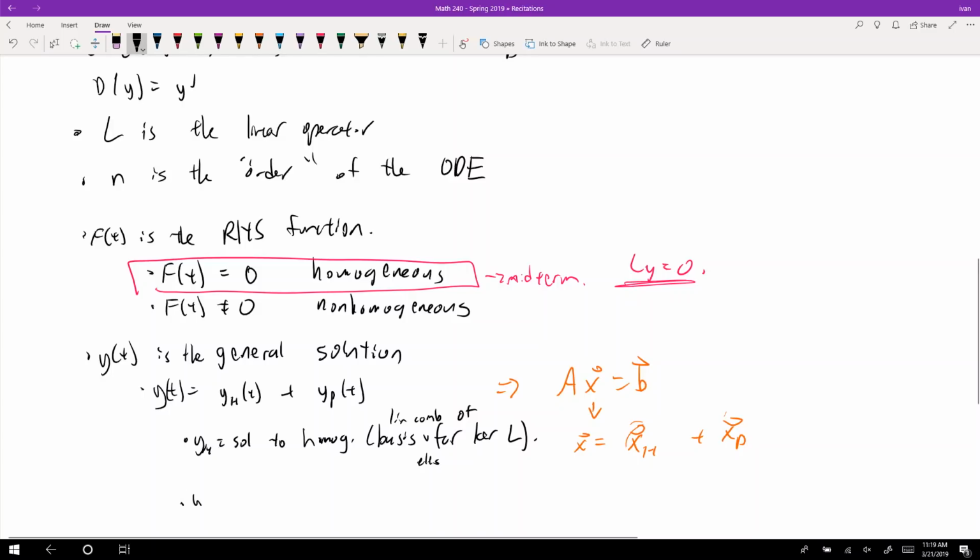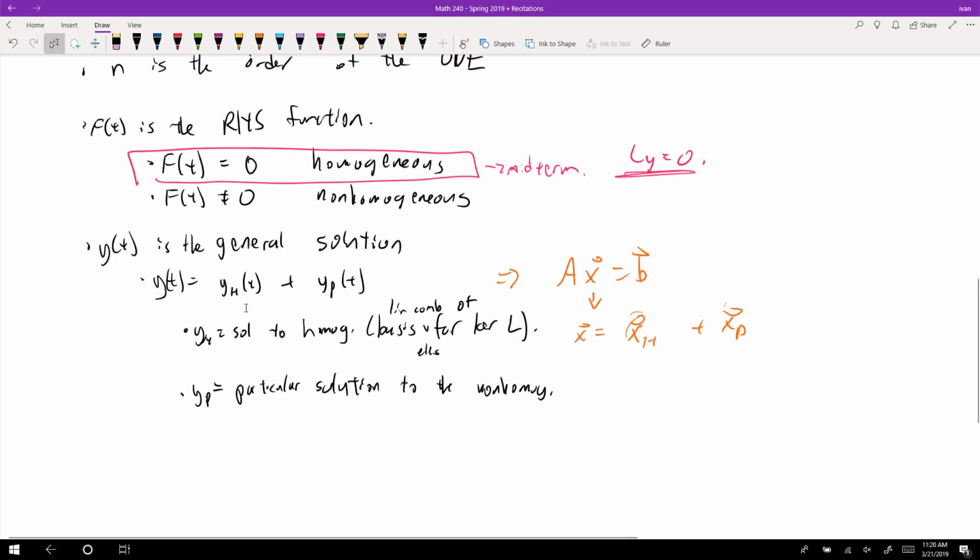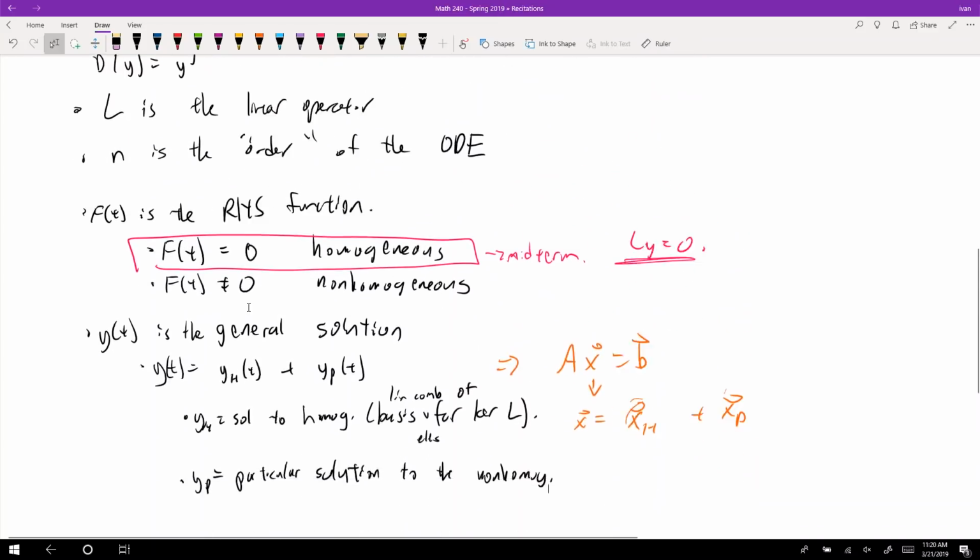And then y_p is the particular solution to the non-homogeneous diffy Q. So you have two parts to it: the homogeneous part and the non-homogeneous part, and combined together, you'll make y of t, the general solution.